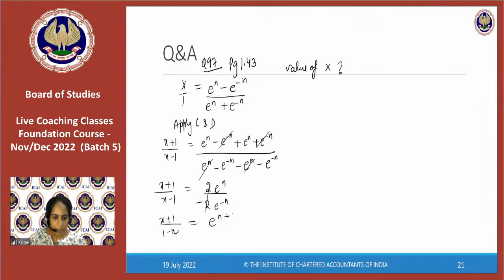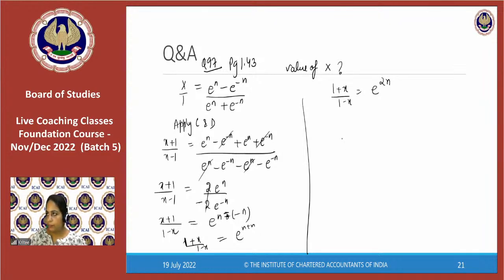Bases are same, powers are subtracted on division. So this becomes 1 plus x upon 1 minus x equals e raised to power n minus minus n, that is, e raised to power 2n.